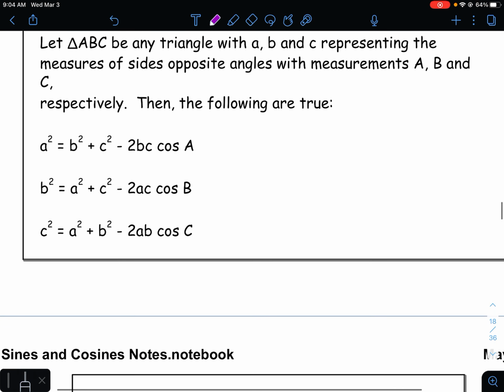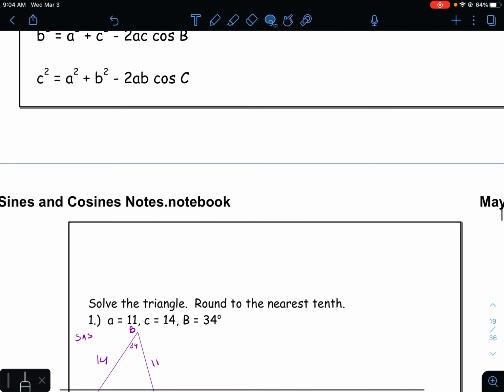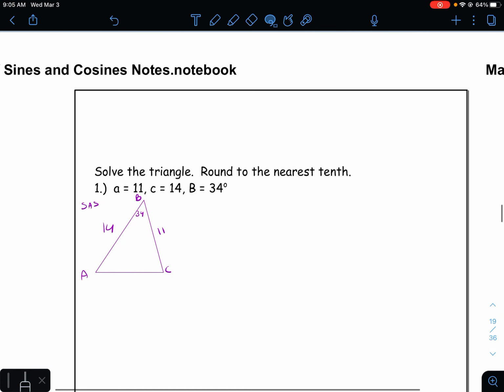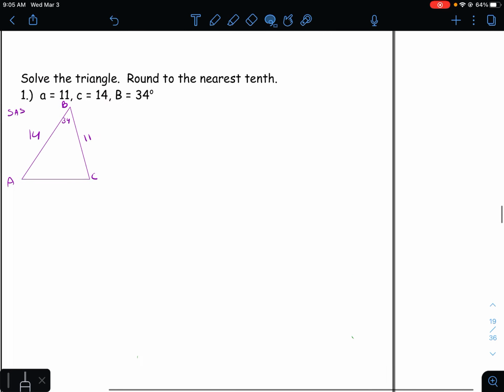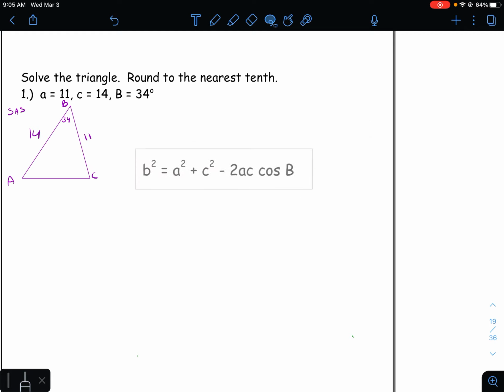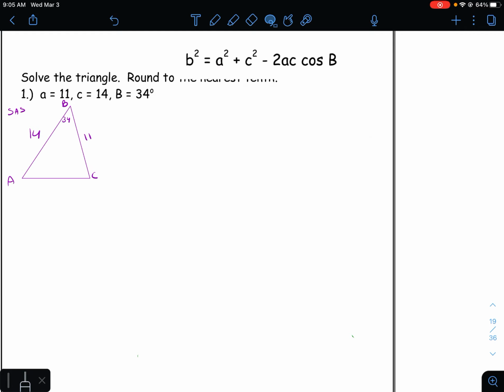So we're going to use law of cosines. When trying to figure out which one of these to use, if you're given one angle, you want to use the formula that has the angle you're given. We were given angle B, so this is the formula we want to use.